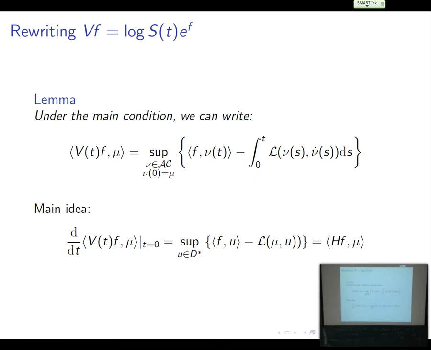And so what I'm left with is simply the Legendre transform of L. But L was the Legendre transform of H, and even though I didn't state it, H is convex in f. So this again becomes H of f. So we see that both semigroups have the same generator. That in turn implies that they must be the same. So we have this equality here.